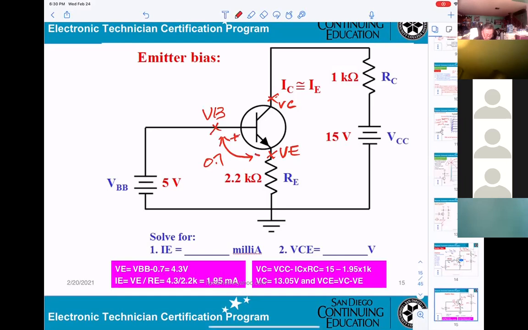So they calculate the VE first. Then IE, you take VE divided by RE, and you get 1.95 milliamp. Same thing, VC equals VCC minus IC times RC. We just did it, and VC equals 13.05, and VCE equals VC minus VE.